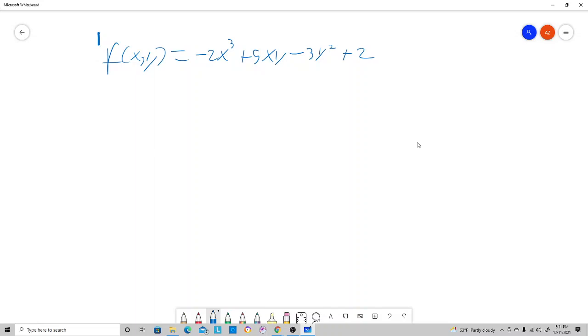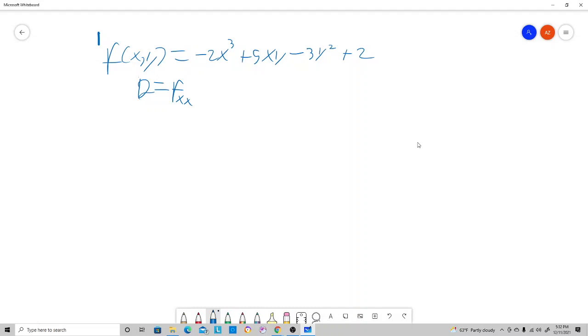Okay, so the determinant formula is D equals f sub x x of (a, b) times f sub y y of (a, b) minus f sub x y of (a, b), all of that squared. This is another notation for partial derivatives. The f is the function you're differentiating, and the subscript x is what you're differentiating with respect to.